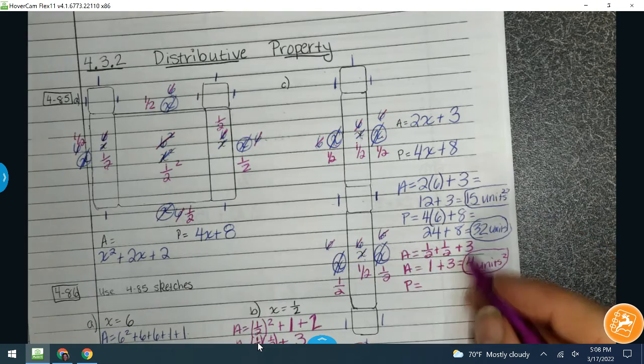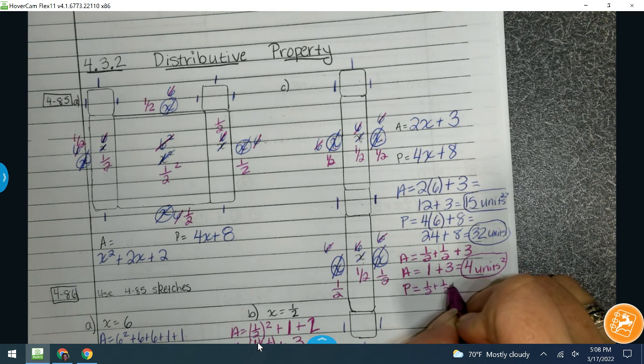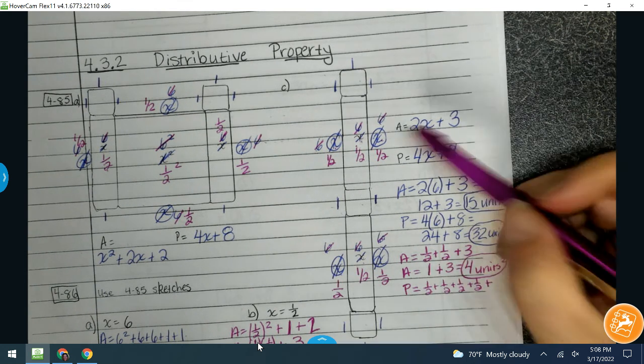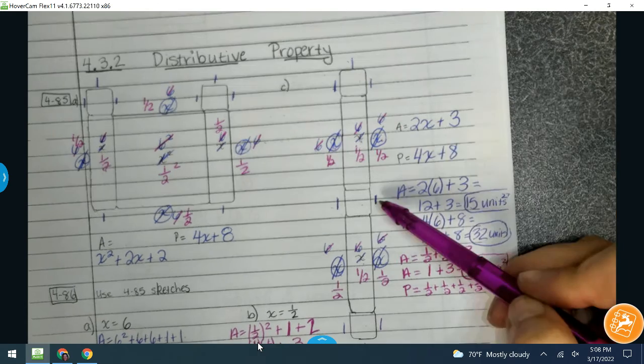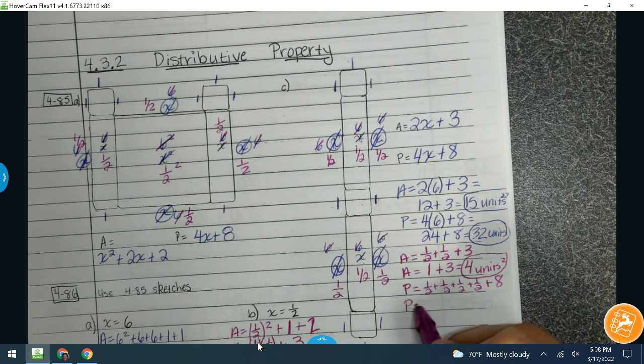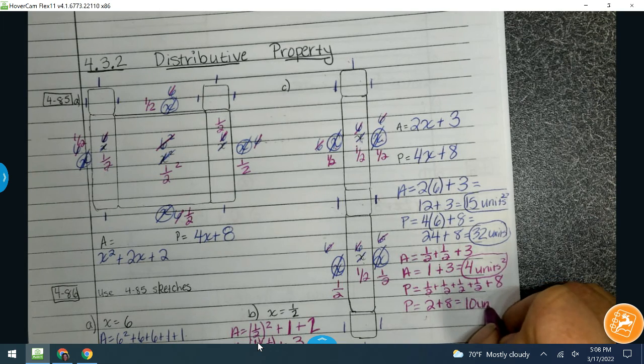So we have 1/2 plus 1/2 plus 1/2 plus 1/2 plus 1, 2, 3, 4, 5, 6, 7, 8. So my perimeter is 1/2 plus 1/2 is 1. 1/2 plus 1/2 is another one, which makes 2 plus 8, which equals 10 units.